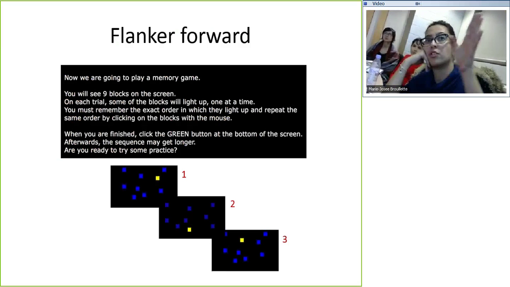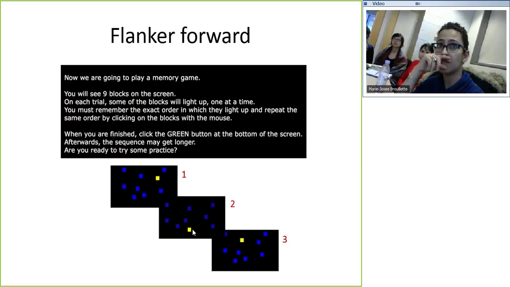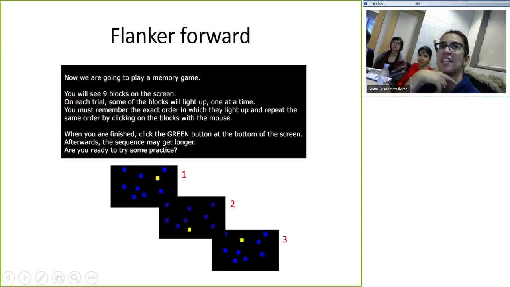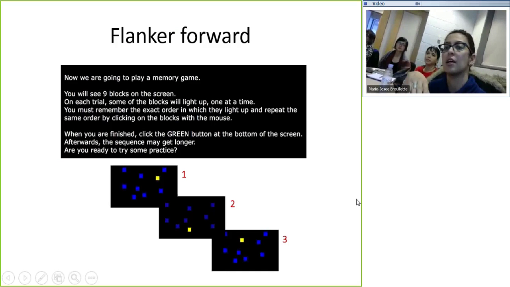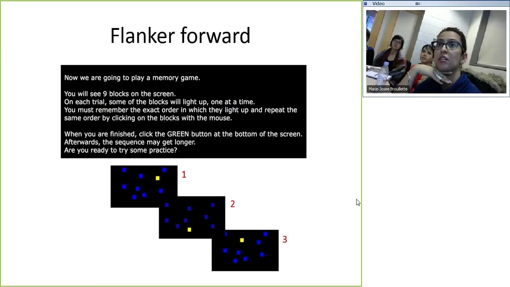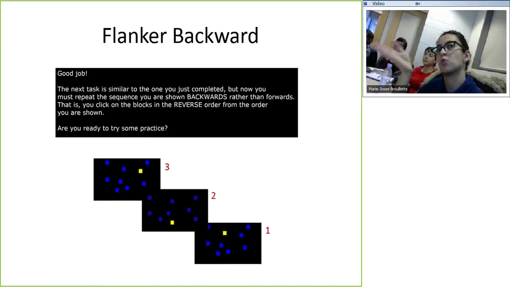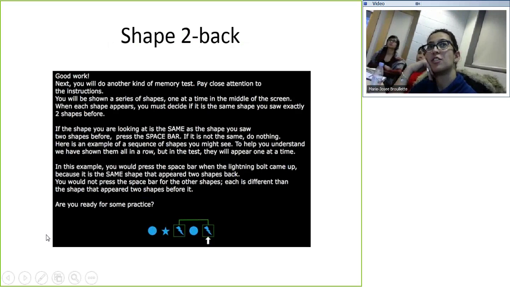The first screen, second, and third, they just look, and then once it's done, they have to click on the squares that lit up in the same order. Every time they complete the trial, the sequence gets longer. For the backwards, I took the same example, but they would need to start with the last one and go back to the first one.